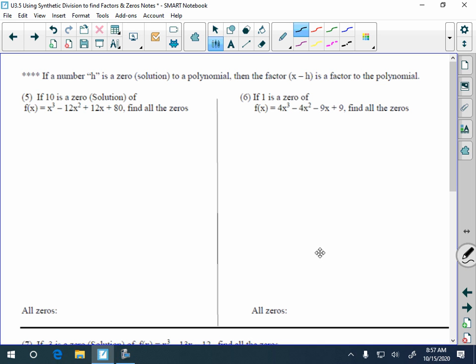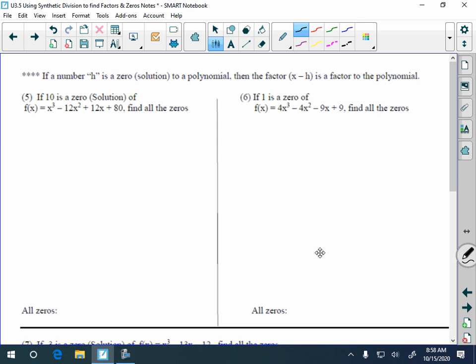So number 5. All right, so now it says at the top, if a number h is a 0 or a solution to a polynomial, so we have some number, let's say it's 5, is a solution to a polynomial, okay, then its factor, x minus h, is considered to be a factor. All right, so that's what we talked about on the first 4 problems.